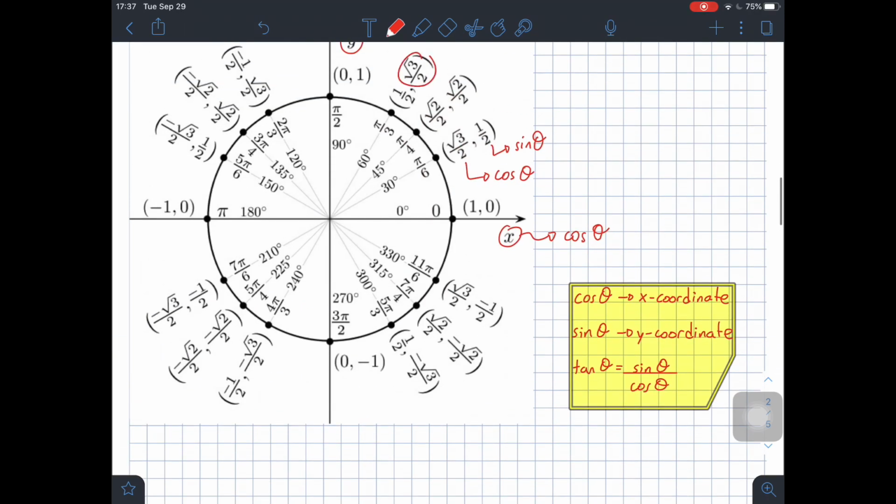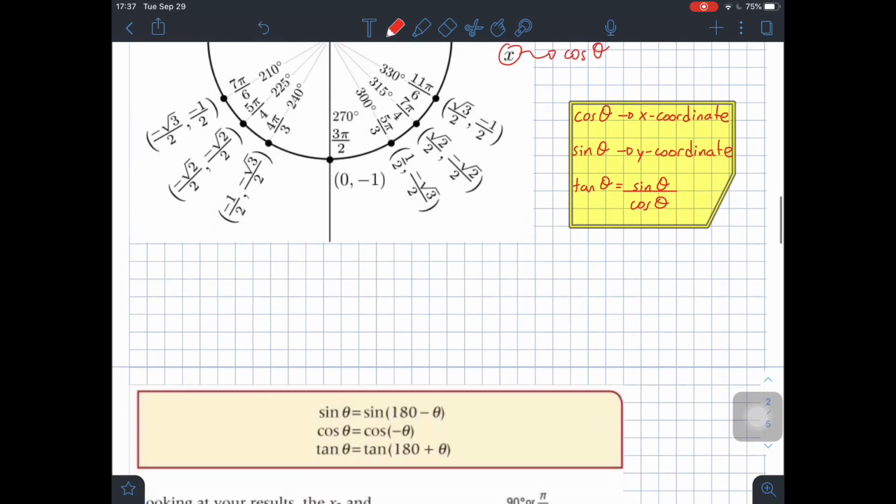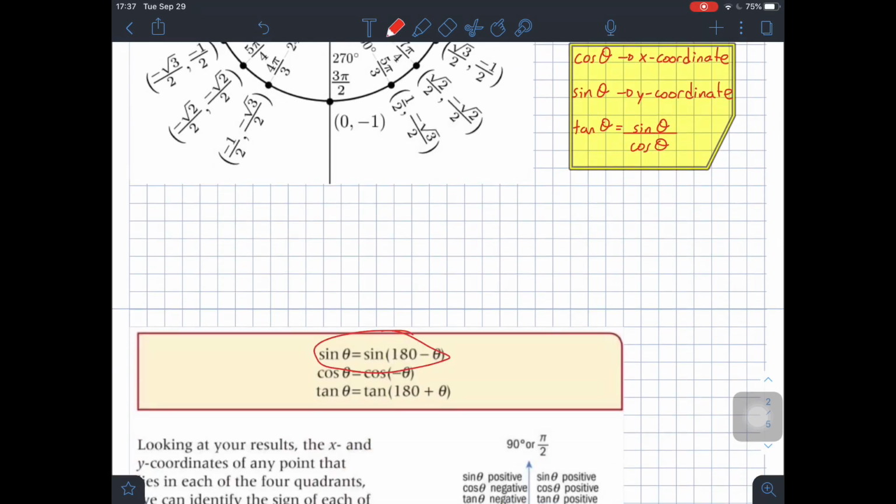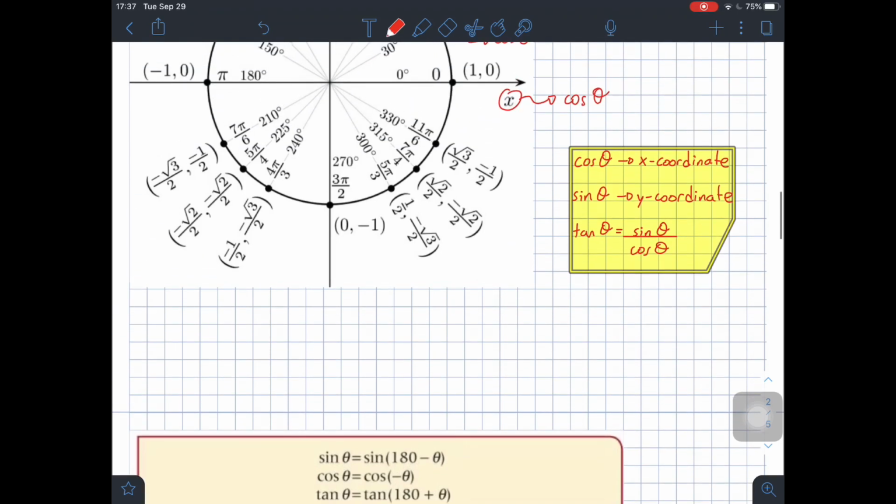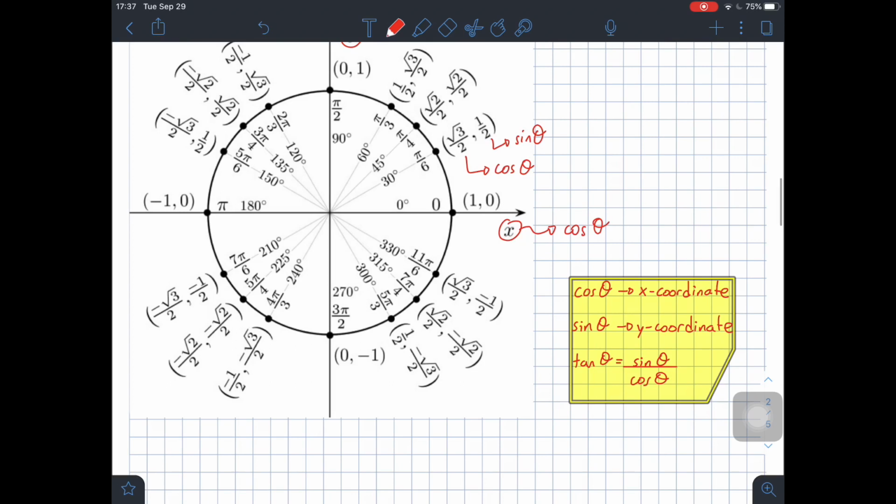That means that this value we obtain here is the same value we obtain in the second quadrant, and you see that this angle is 120 degrees, which is 180 minus 60 degrees, right? So the sine of an angle is equal to the sine of its supplementary angle. Then for cosine, the same thing occurs, but for the first and fourth quadrant. You see that, for example, for this triangle over here, 30 degrees, this x coordinate is the same.